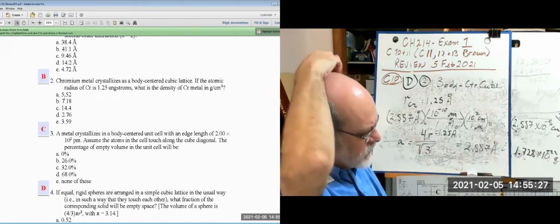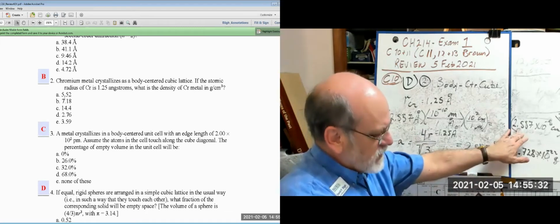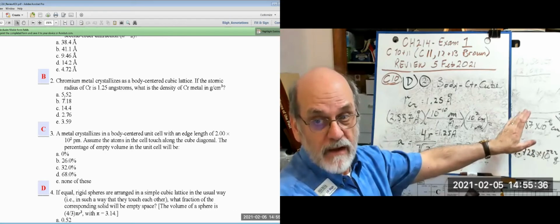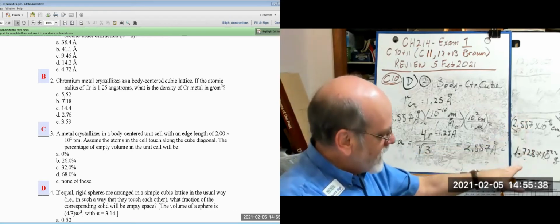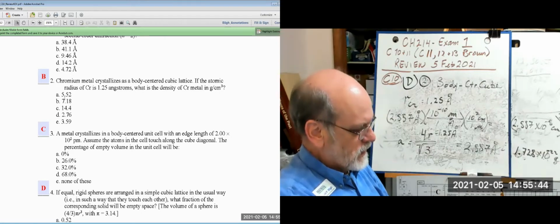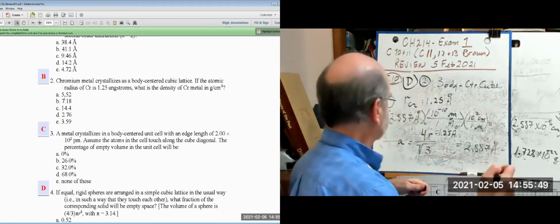Okay, so I get 2.506 times 10 to the minus 23rd cubic centimeters. Divide that into those grams. And I get 7.18. Let's see, is that correct?